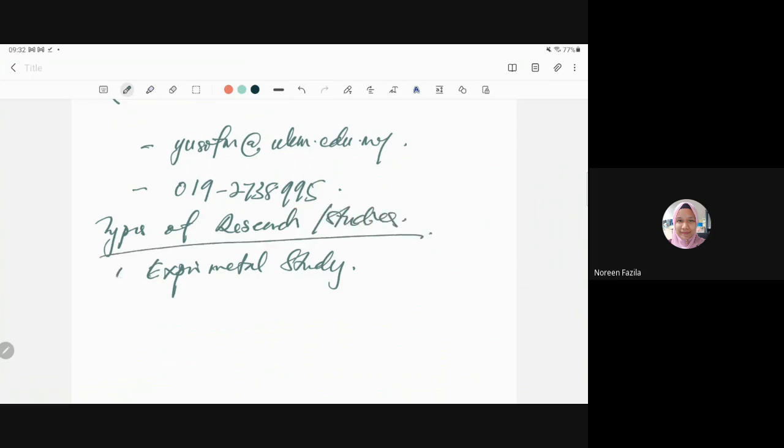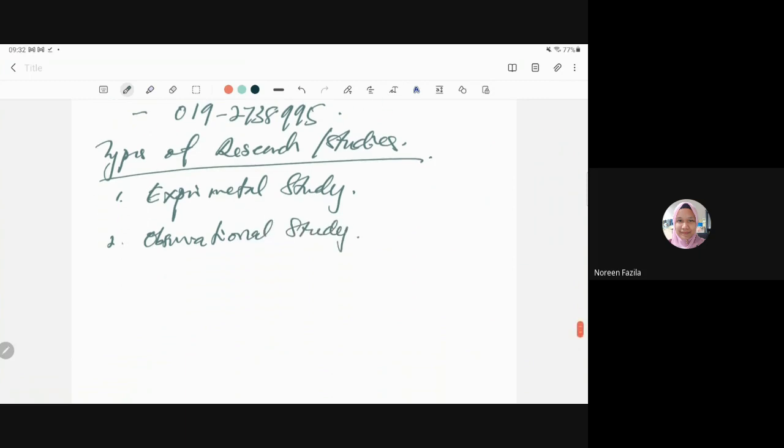First we have experimental study. Second, we have observational study. And we may have other types of studies, but these two are among the most common.